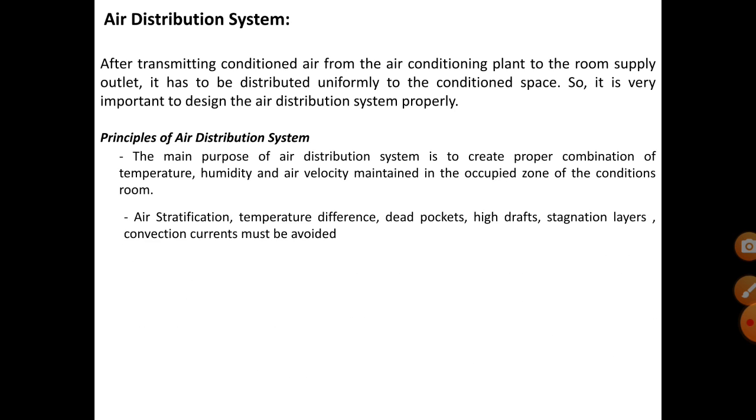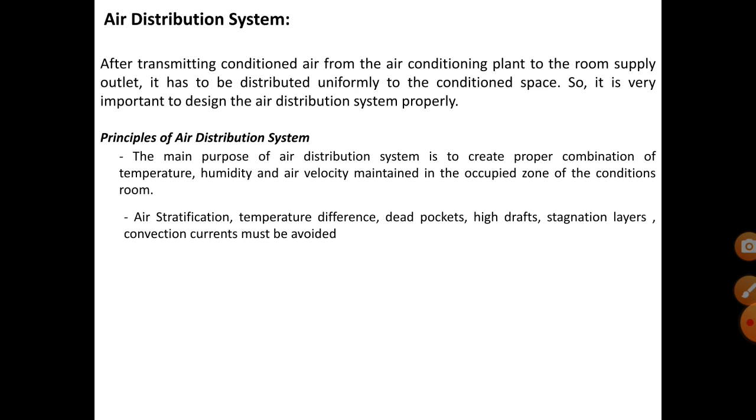Again, air stratification, temperature difference, dead pockets, high draft, stagnation layers, and convection currents must be avoided. There has to be no temperature difference. Air stratification means layers of air with different temperatures that do not get disturbed even when the system isn't running.